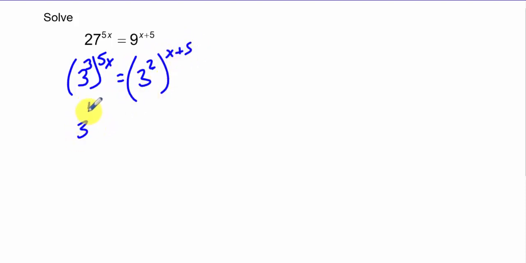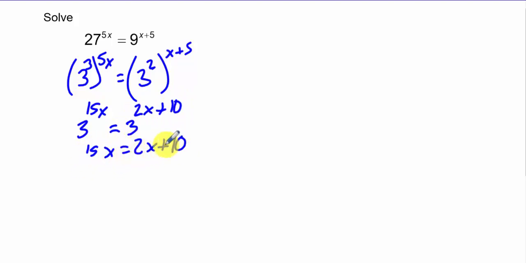Simplify each of those, so that's 15x and 2x plus 10. So 15x equals 2x plus 10. 13x will equal 10, and x equals 10 over 13.